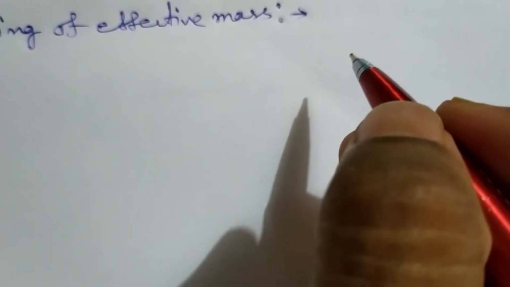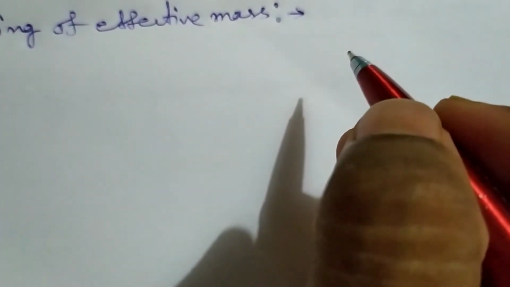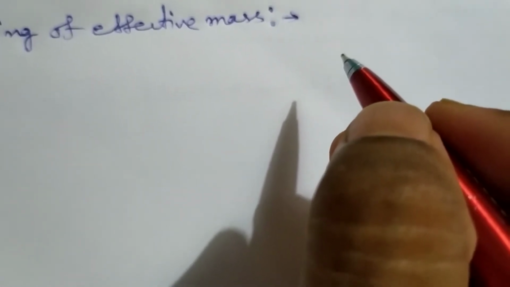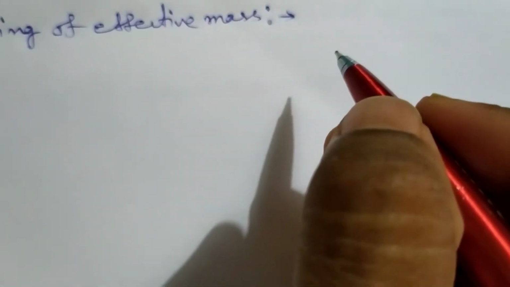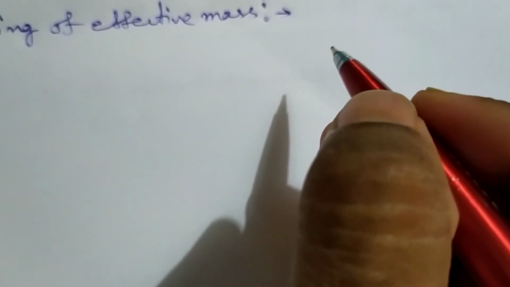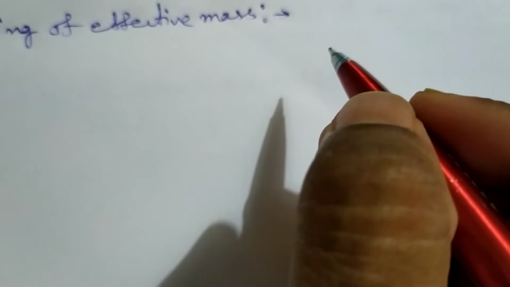As a result, when an external electric field is applied, the electric field will see that the electron inside the crystal is not free, but it is in interaction with the crystal lattice. So there must be a deviation in the behavior of the electron in the crystal lattice from the free electron behavior, and this can be accounted for simply by considering the electron to have an effective mass m star rather than its free mass m.